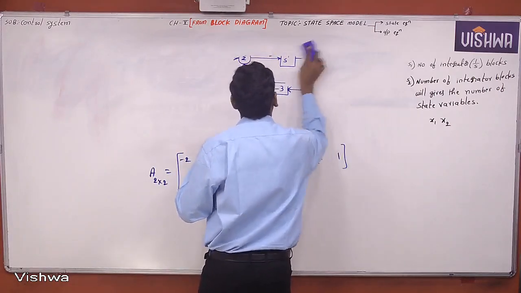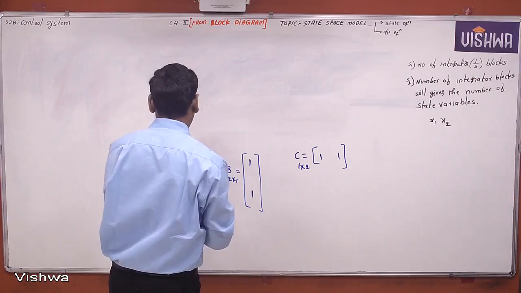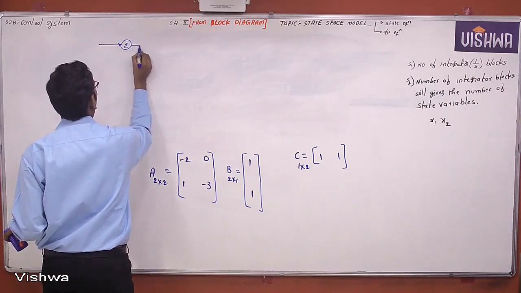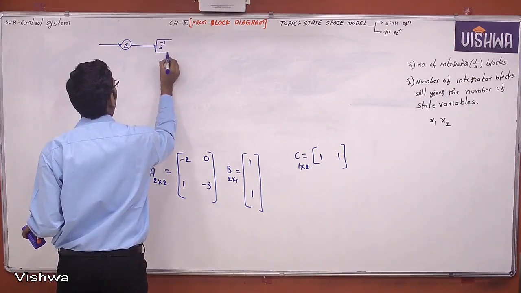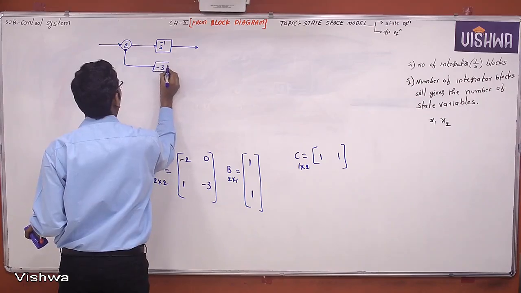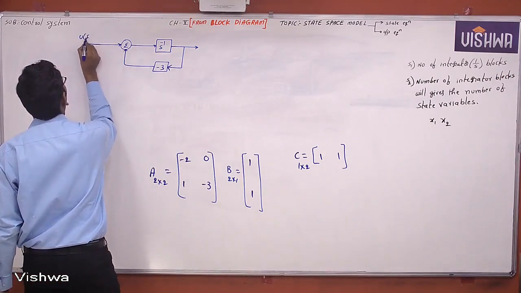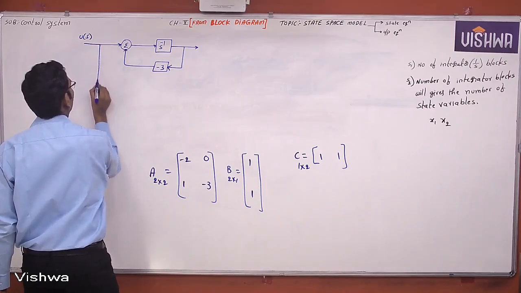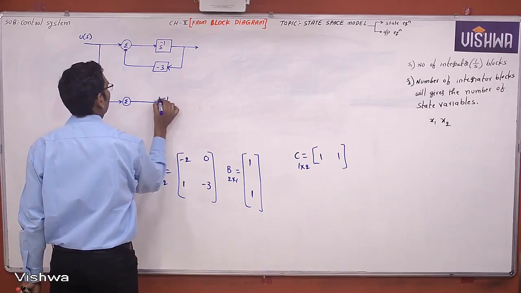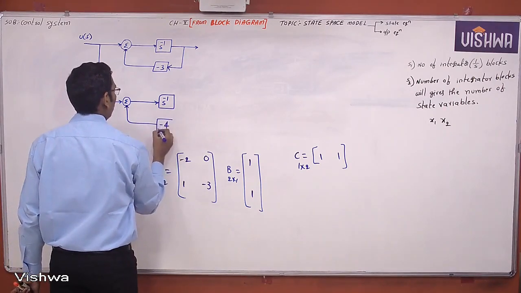Now any block diagram is very easy for finding the state space model. Whenever a block diagram is given, you should follow the same procedure.